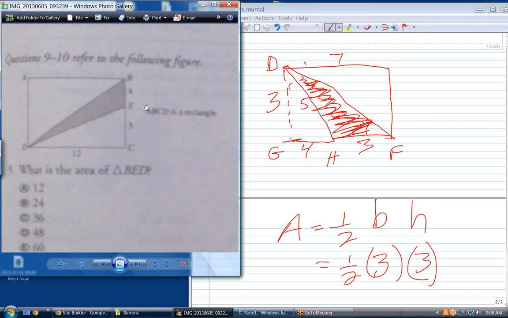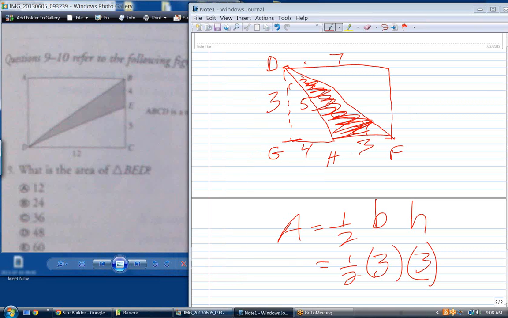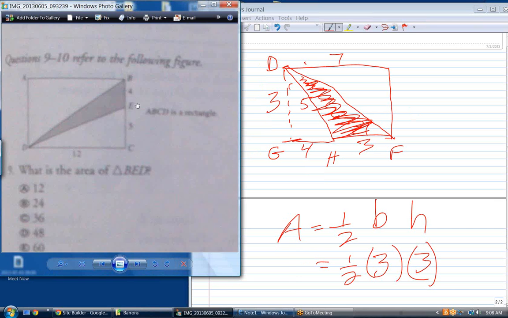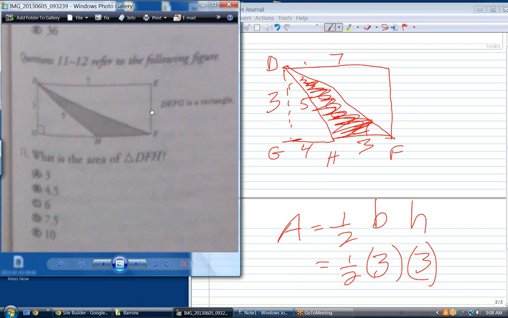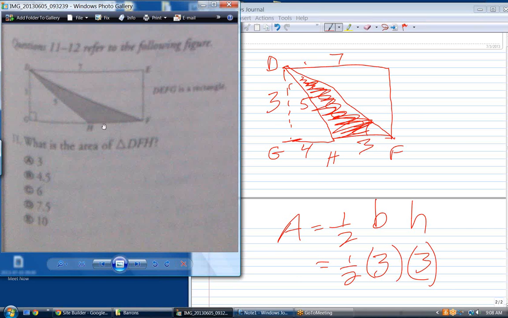Well, it's the same as this one, only this one has been rotated 90 degrees. If we look at the second one, notice that this is the base, and we want the vertical height. We don't want that 5 height. We want the vertical height. It's always the vertical height.